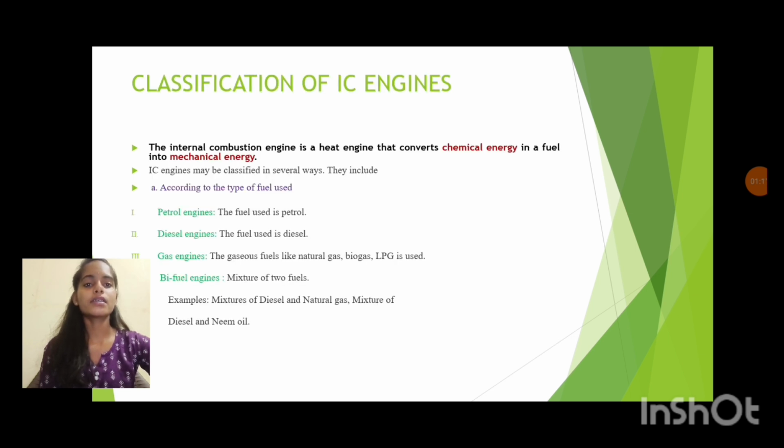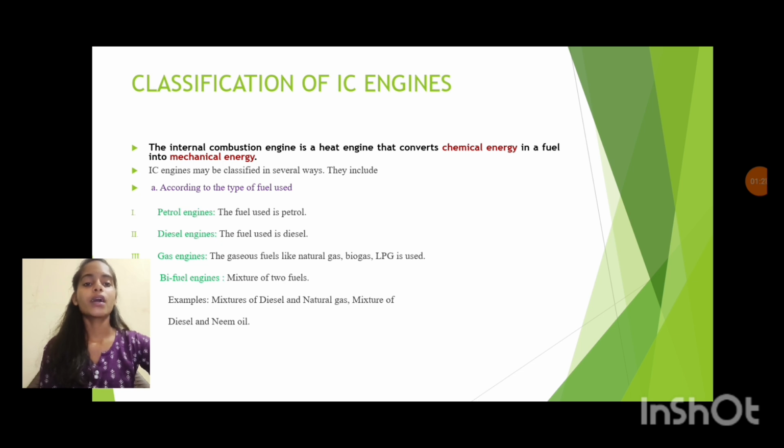Classification of IC engine. The internal combustion engine is a heat engine that converts chemical energy in a fuel into mechanical energy. IC engines may be classified in several ways.